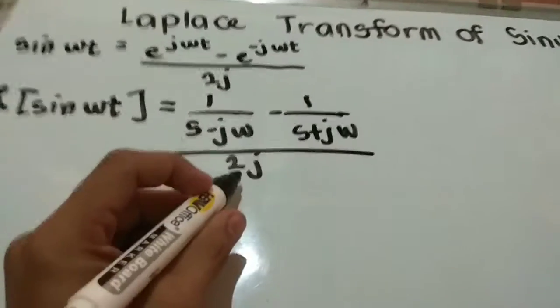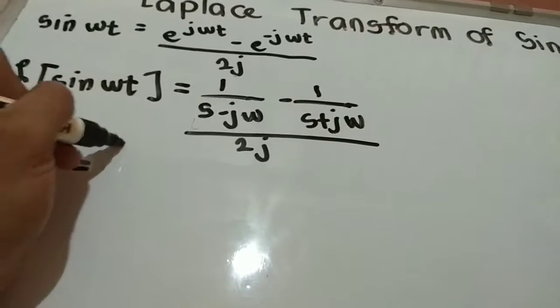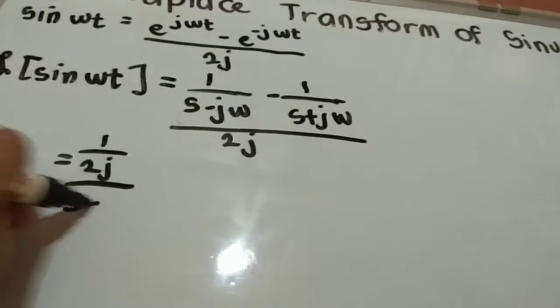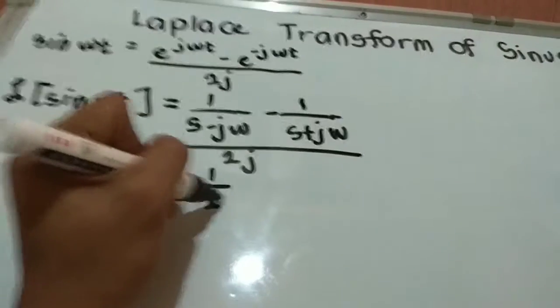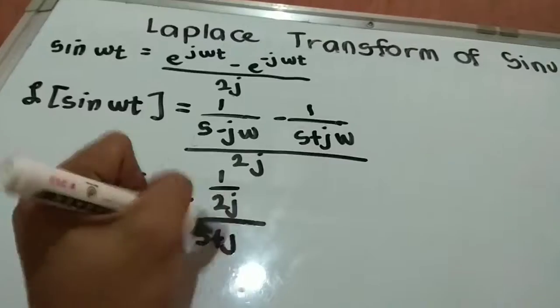Reciprocating the 2j, it's equal to 1 over 2j over s minus j omega, minus 1 over 2j over s plus j omega.